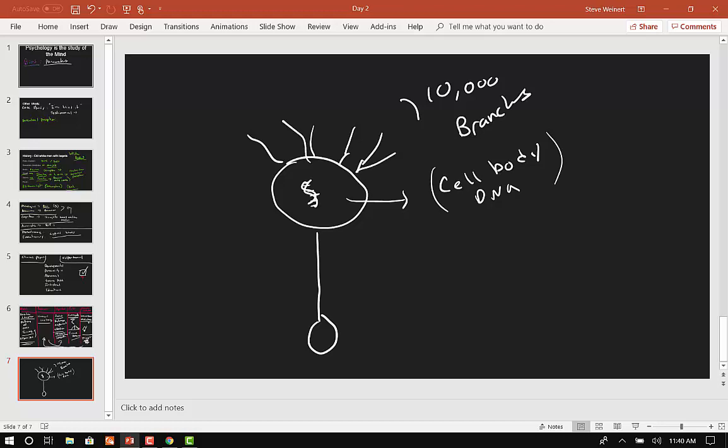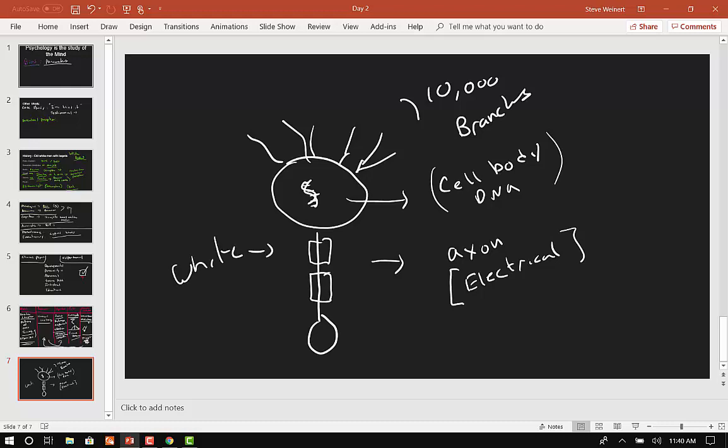This part that sticks off the bottom is called the axon. The axon is electrical. It's an electrical wire. Take two classes in my physio class later, and you'll understand that it produces electrical current. You can just say it's electrical. It's covered with fat. When you cut a steak, what color is fat? Right. Yeah, it's called myelin.